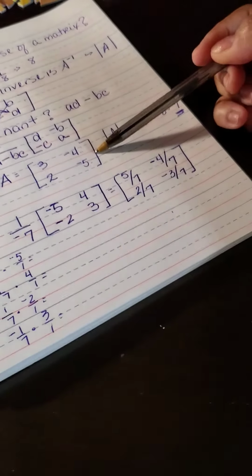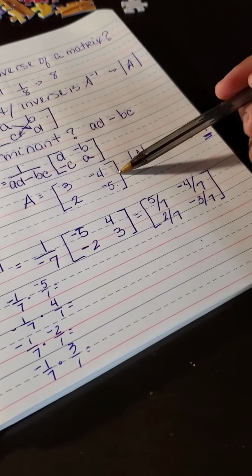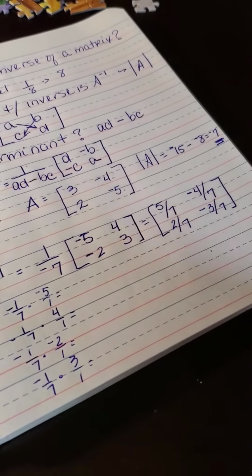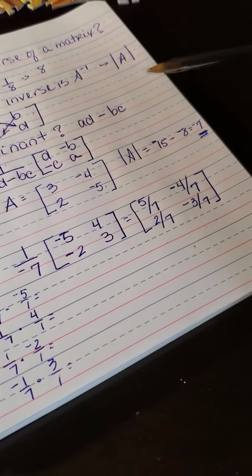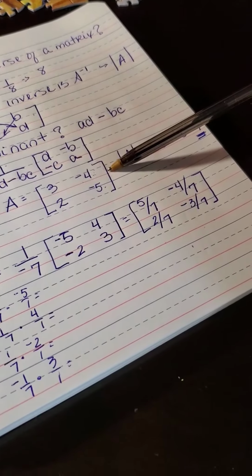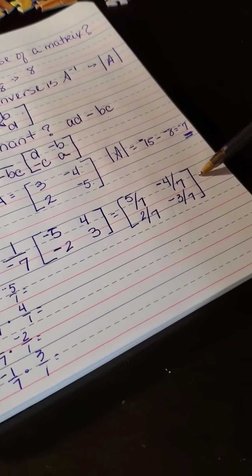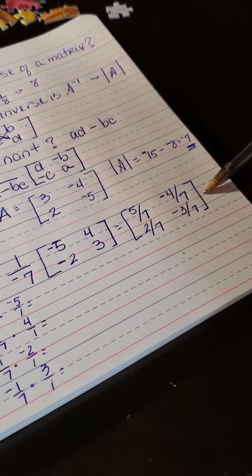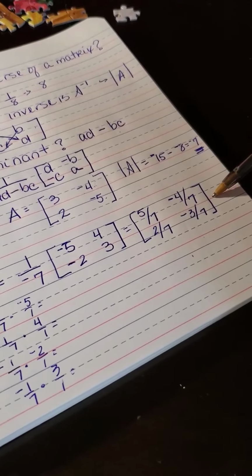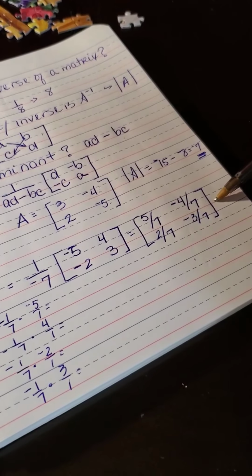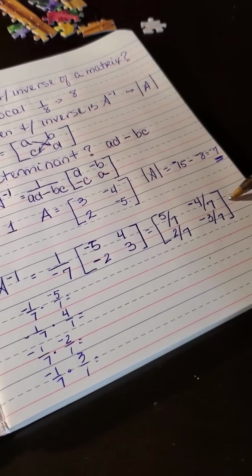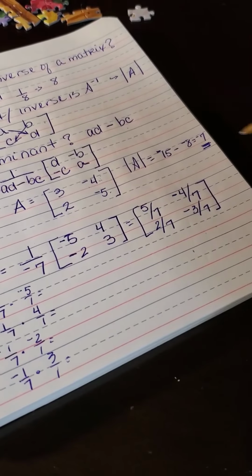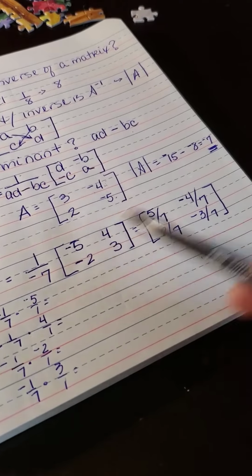Okay? But let me show you something. This is how you check yourself. All right? You check yourself by multiplying your original matrix times your new matrix or the inverse. And you should end up with an identity matrix, which equals 1, okay, in the matrix world here. I'll show you what that looks like. All right, so let's go and try it.